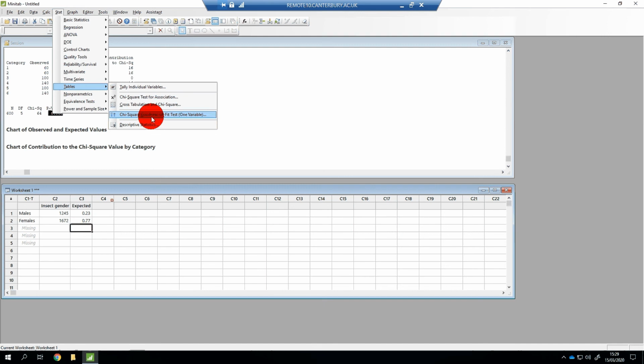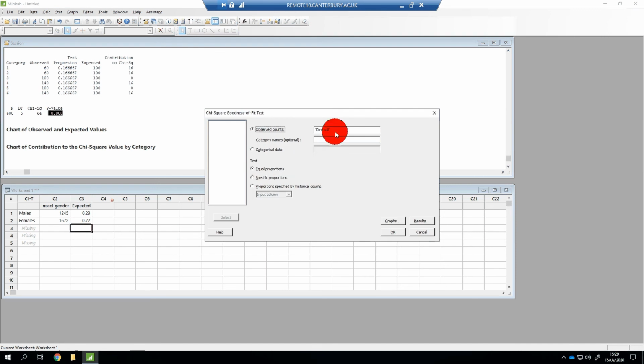My observed counts this time are my insect gender counts, but this time I don't want to test against equal proportions because these are not equal, 0.23 and 0.77. I want to test against specific proportions that I've specified myself. So when I click on that, you'll see a little box opens up here on the right, and it's asking me which specific proportions do you want me to use? And I tell it the ones that are in the expected proportions column.